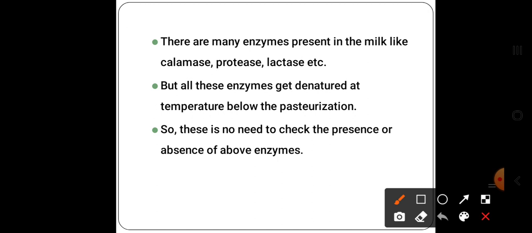Only alkaline phosphatase is destroyed at the pasteurization temperature, while other enzymes are destroyed below it.